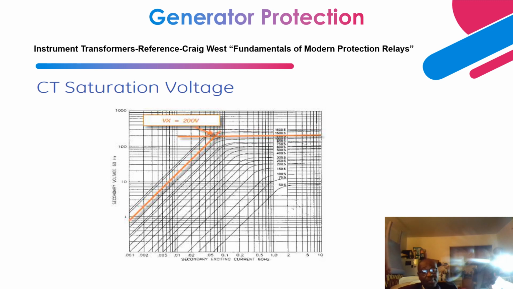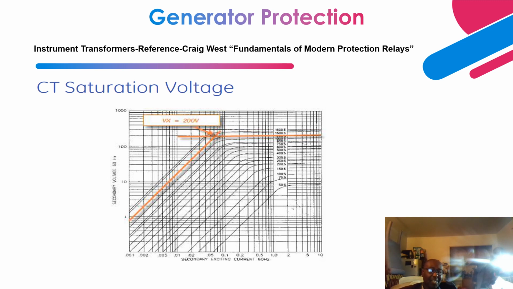It should be able to develop a secondary voltage of up to 400 volts within a 10% error. It shouldn't have more than 10% error. So if you look at 10% error, you find the amount of exciting current that could cause that percentage error. Then you draw this line that should give you your maximum.